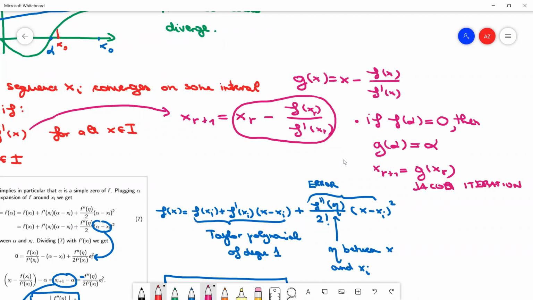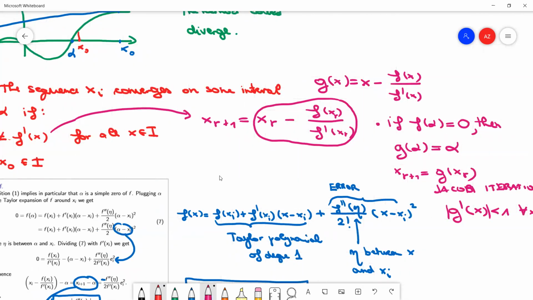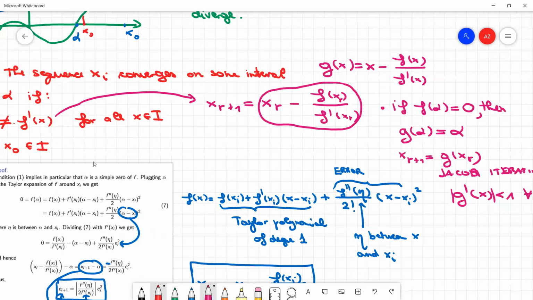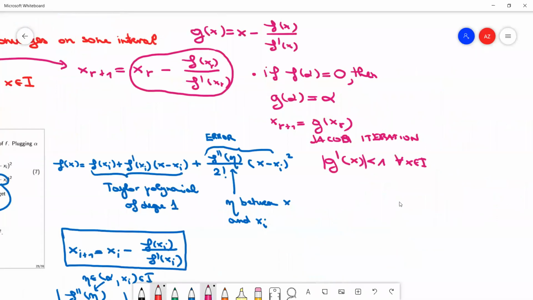And the convergence of the iteration is met if g derivative of x is smaller than 1 for all x on the interval I. This condition is fulfilled for our function f, for example, if f derivative is not 0 in the interval I, then g derivative will be smaller than 1.